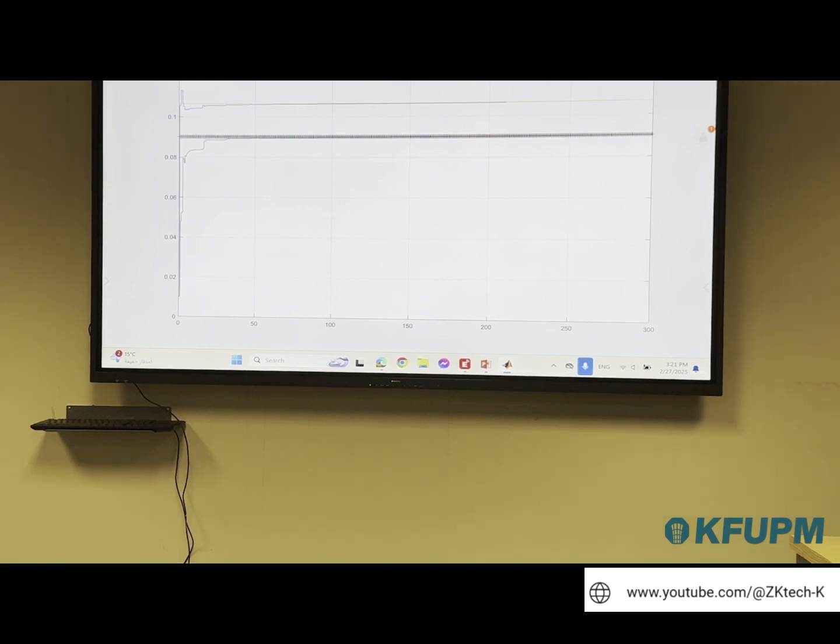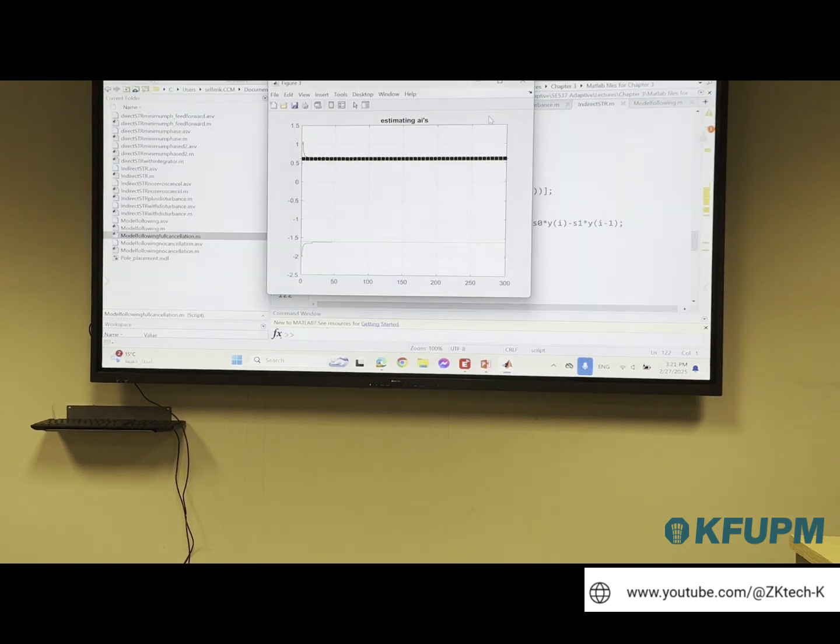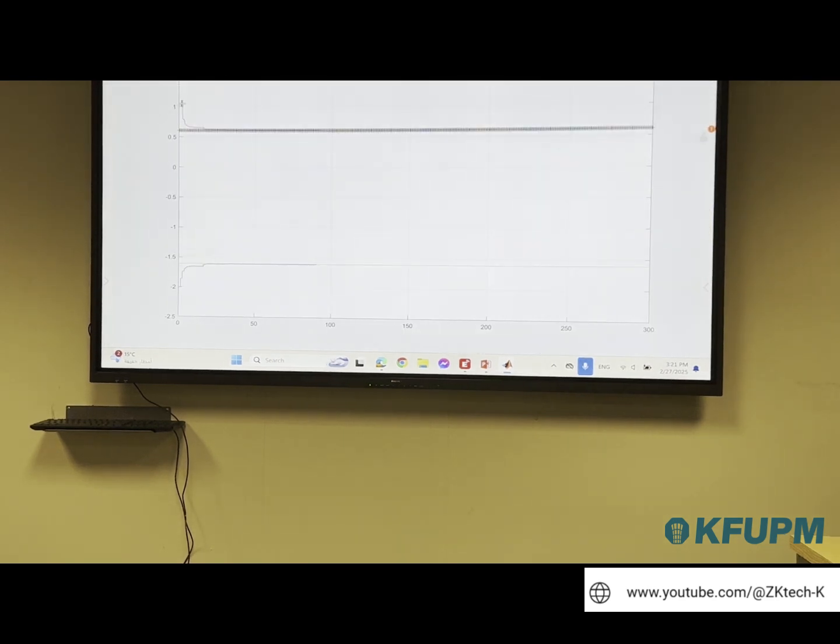This is for B. And then for A, it's the same thing. I can see that A starts here from the top and goes to the exact value. And the same thing starts here at the bottom and goes to the exact value. And I converge. In all the parameters, I converge at a certain time to the exact value. Up to now is okay?